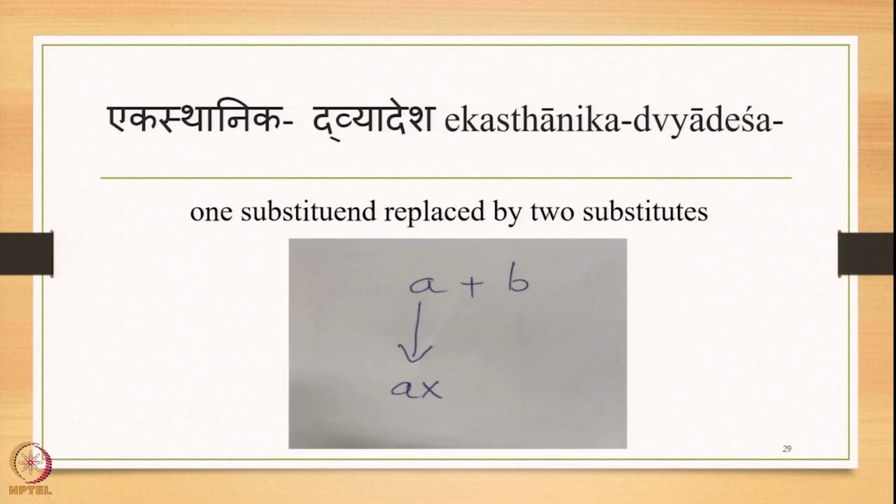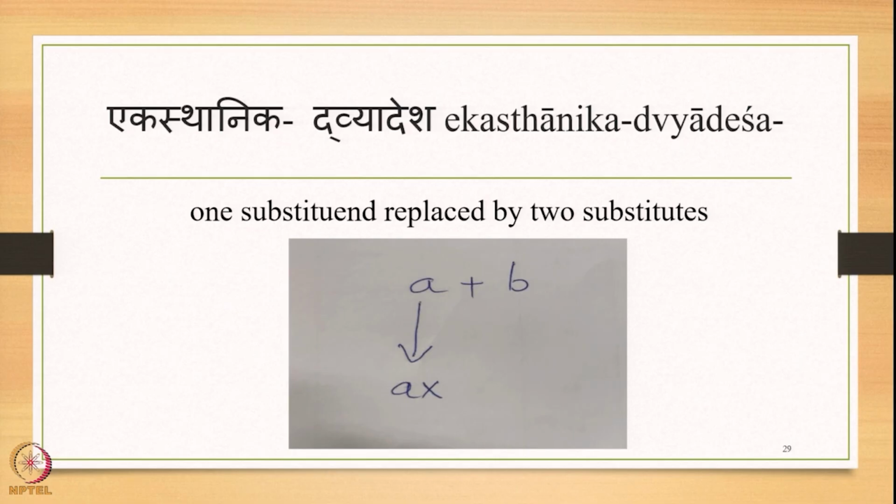Ekasthanika Dvyadesha is very peculiar, where we have one substituent A which is replaced by two, A and X. So, we have A plus B as the input. In the environment of B, A is replaced by not just A but AX. There are two substitutes which replace the substituent, and therefore this is Ekasthanika Dvyadesha, and we shall see examples of this.